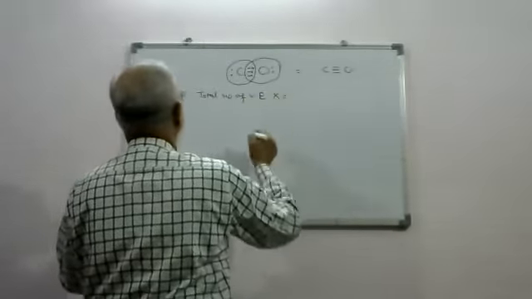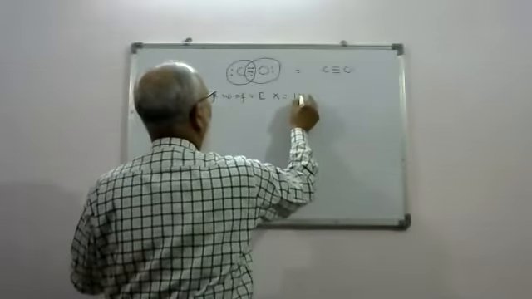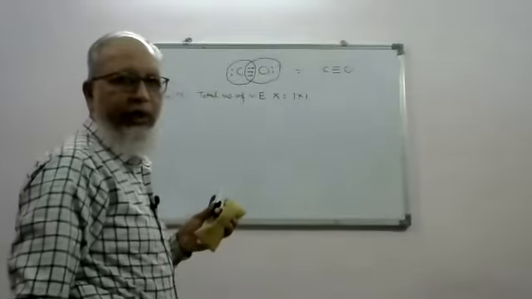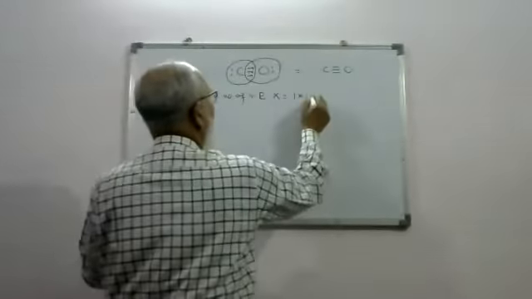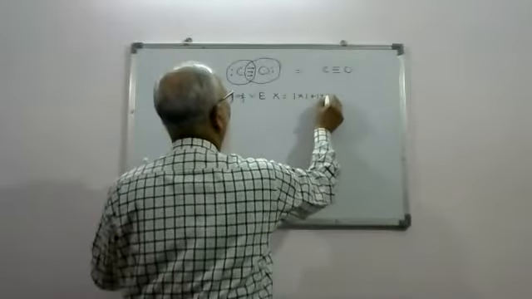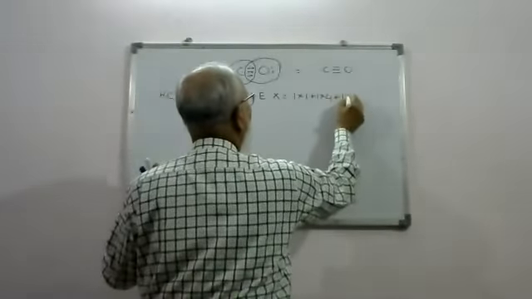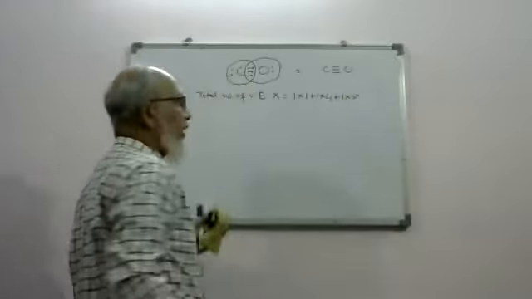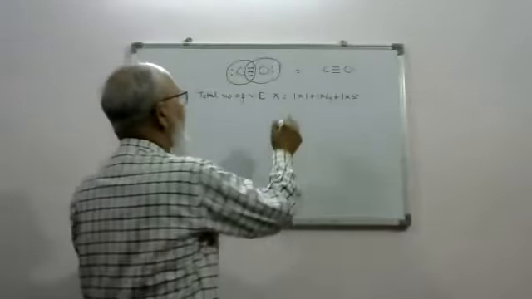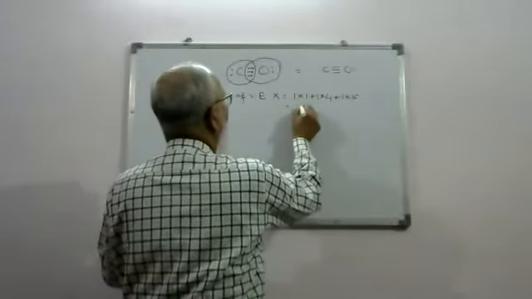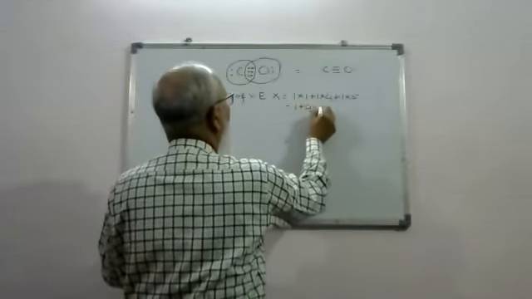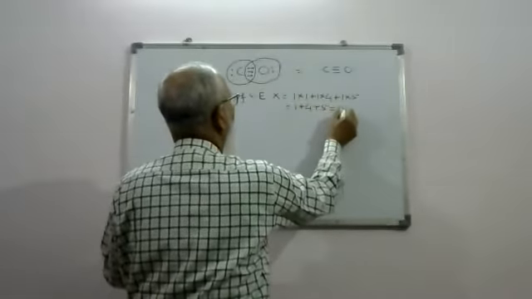X is equal to 1 into 1, 1 valence electron for the hydrogen atom, 1 hydrogen atom is there, plus 1 into 4, 4 valence electrons of the carbon atom, plus 1 into 5, 5 valence electrons for the nitrogen atom. This will be equal to 1 plus 4 plus 5, which is equal to 10.